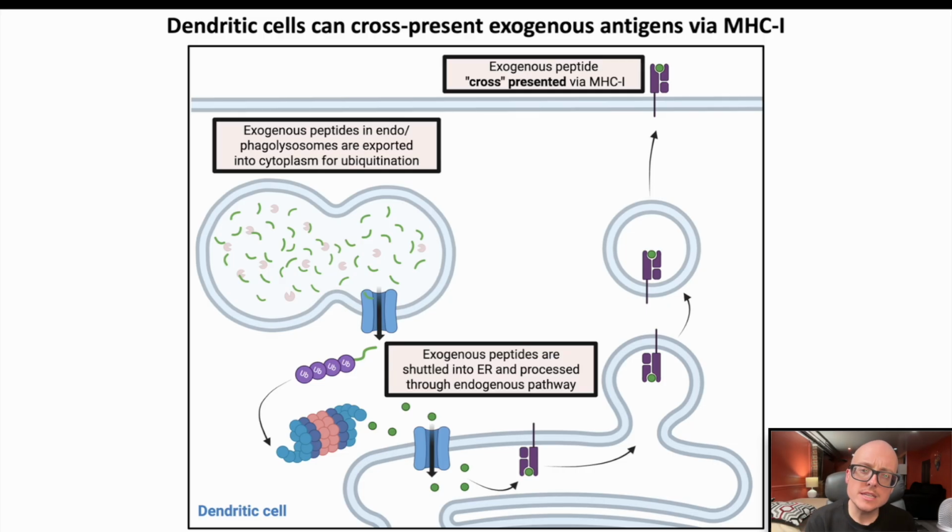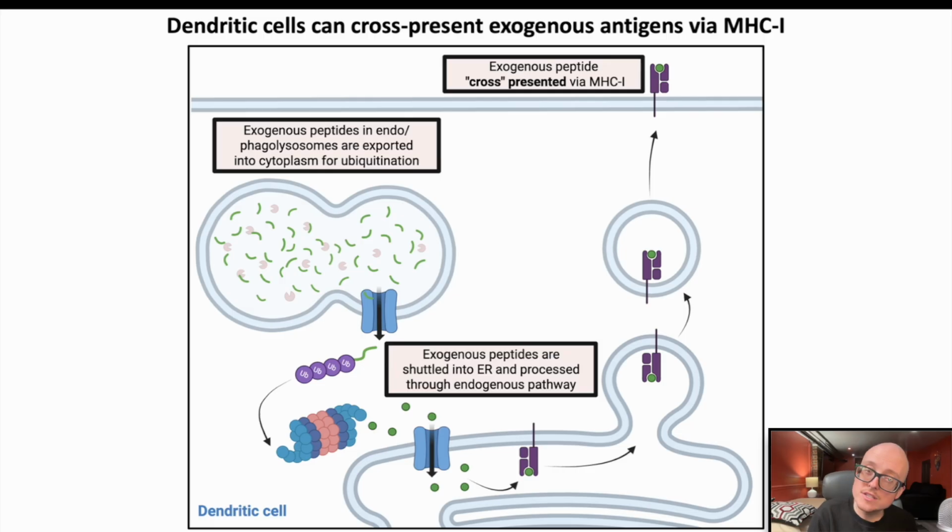And so the ability to cross-present basically means that dendritic cells do not have to be actively infected to present antigen. They can just take in antigen from the environment and process it and still activate CD8 T cells that way, even if they themselves are not actively infected, meaning they don't have those pathogens in their own cytoplasm.